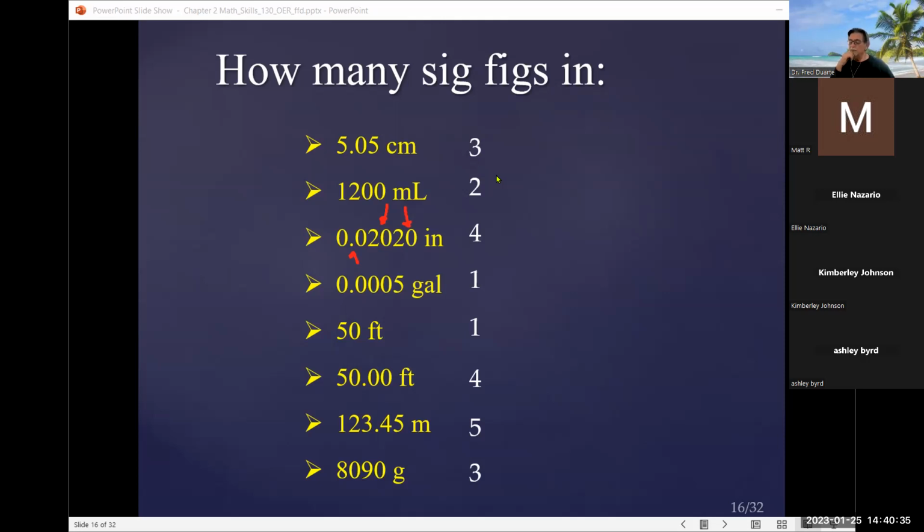When we multiply and divide these numbers with each other, the sig figs of the final answer is governed by the least number of sig figs, okay, which is the least accurate number. When we add and subtract, what governs the accuracy of your final answer is the number with the least number of decimal places. And we'll have more examples here to explain that.